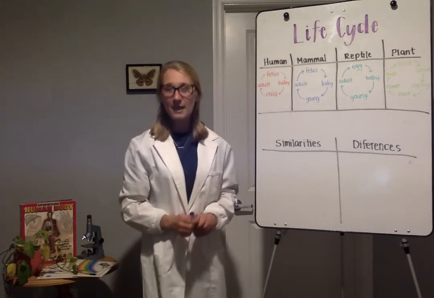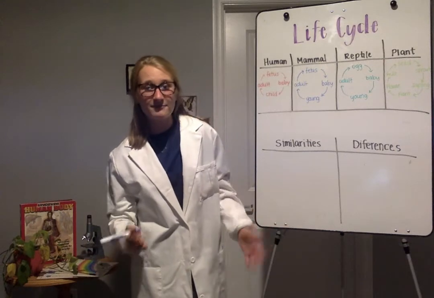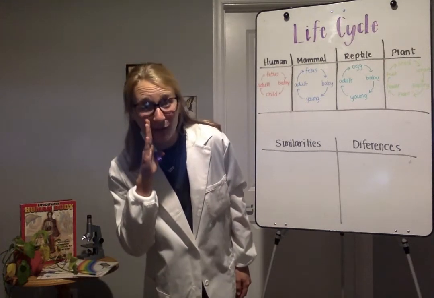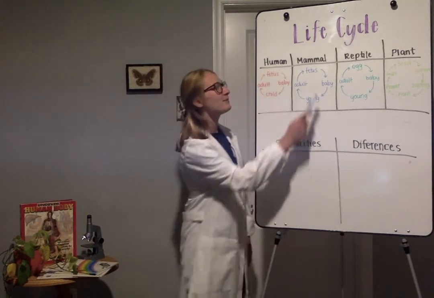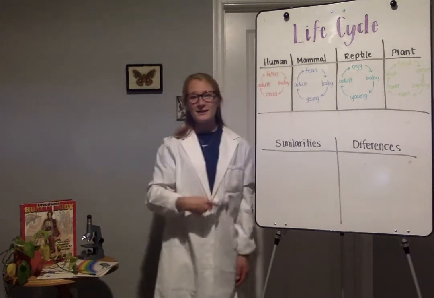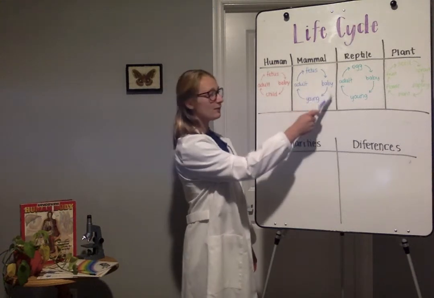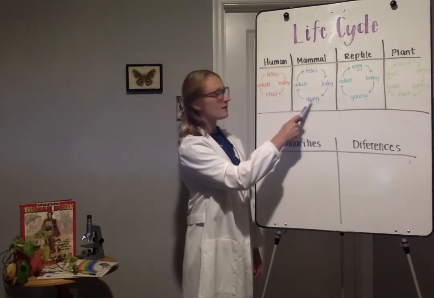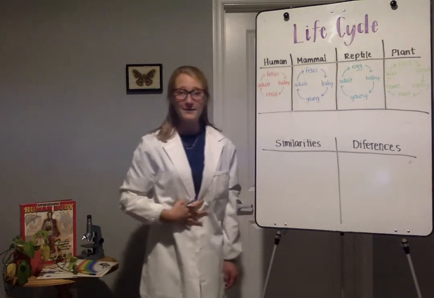Then we saw mammals. And mammals are animals that are just like humans. Humans are mammals. Fun fact, we know that mammals also have babies in their bellies. And those babies are born into babies who become young animals, who turn into adults, who then have their own babies.